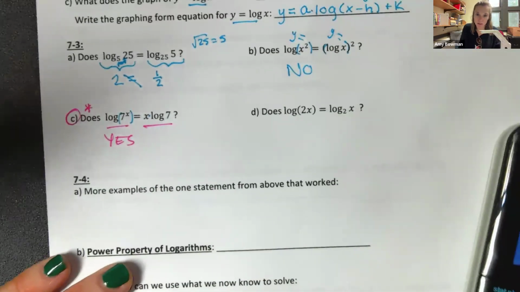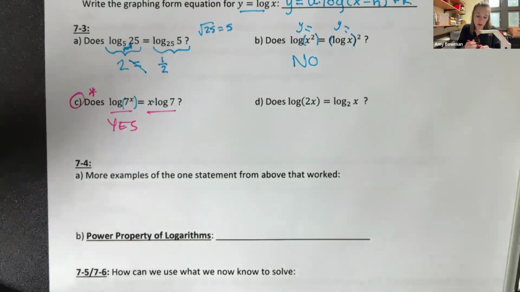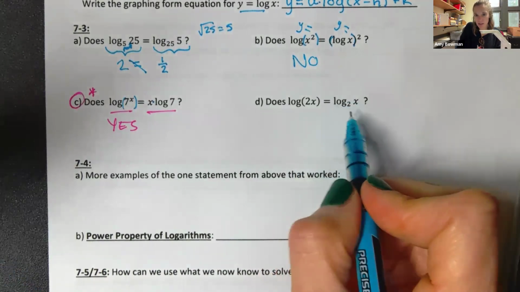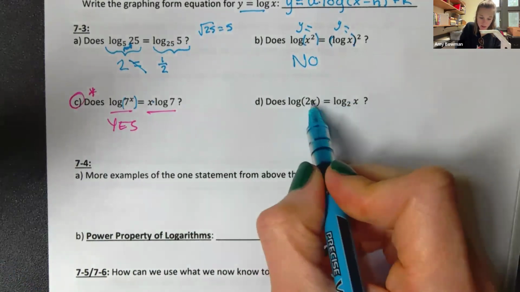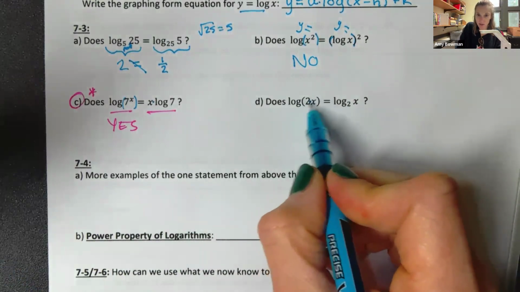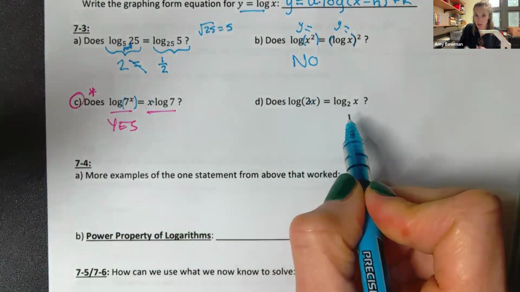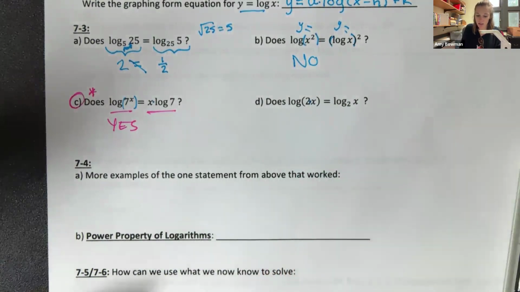Okay, let's check this one last situation. Is log of 2x the same as log base 2 of x? So in other words, can we take one of the factors inside of here and just change the base from base 10 to base 2? What do you guys think?